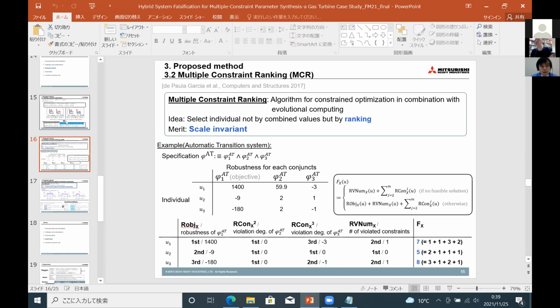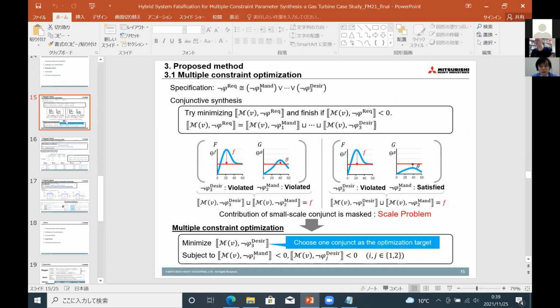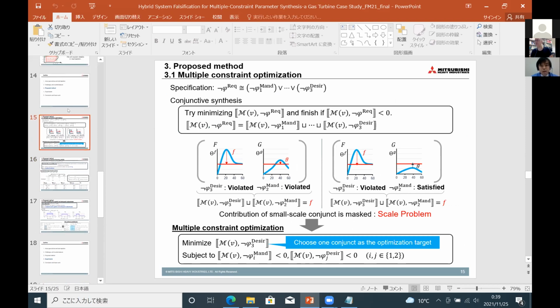Maybe if you go on in the slides, you should go a bit further, I think. Okay. For a specification like a conjunction, a falsification solver usually cannot falsify it straightforwardly.